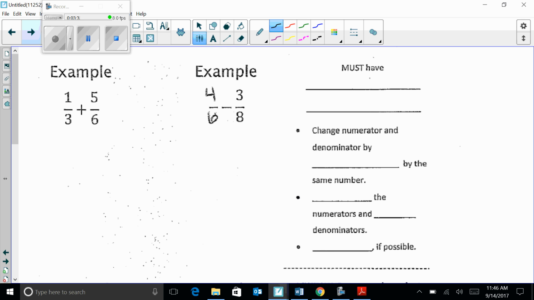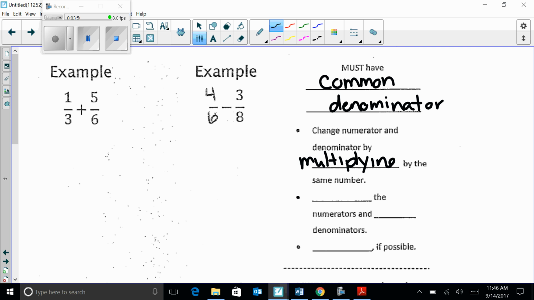So same rules. So you must have a common denominator. Okay, we still change the numerator and the denominator by multiplying by the same number, but this time we're going to subtract the numerators because it's a subtraction problem.